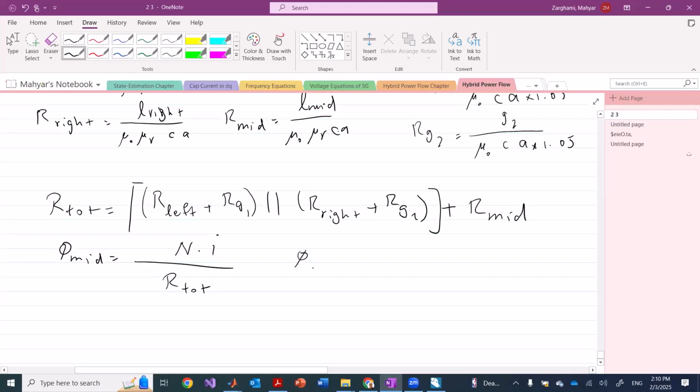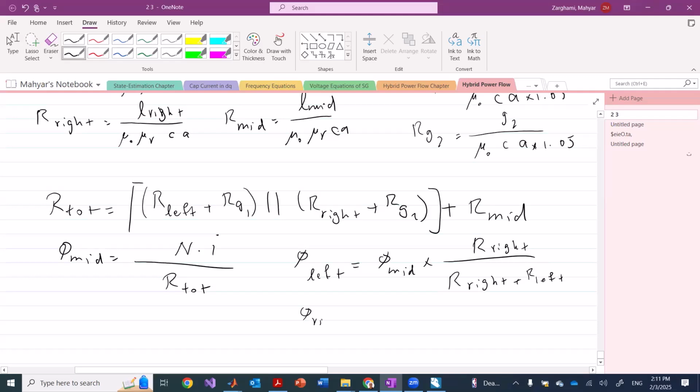Once you find phi in the middle, then phi on the left-hand side would be equal to phi in the middle times... So the phi's would be divided based on the reciprocal of the two reluctances. So we should have R on the right over R on the right plus R on the left.